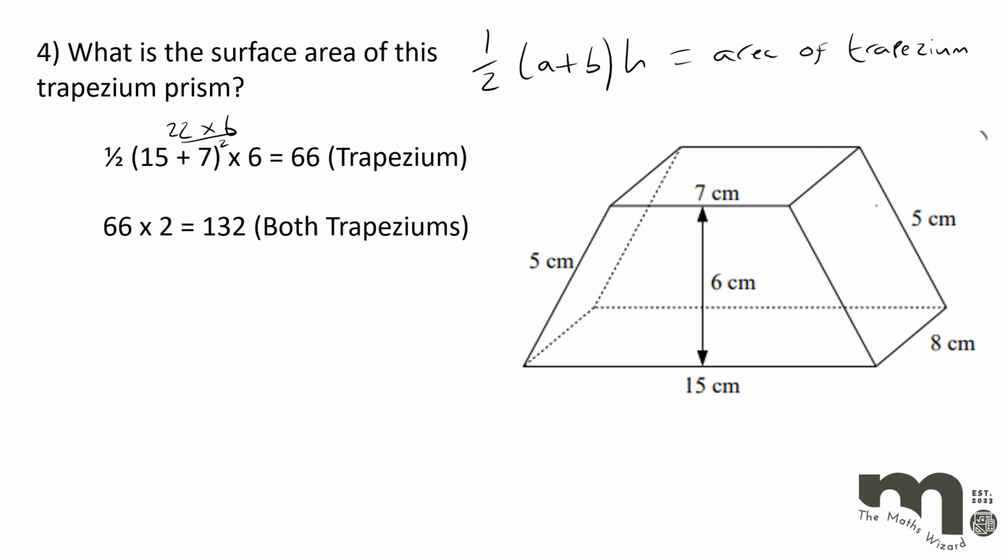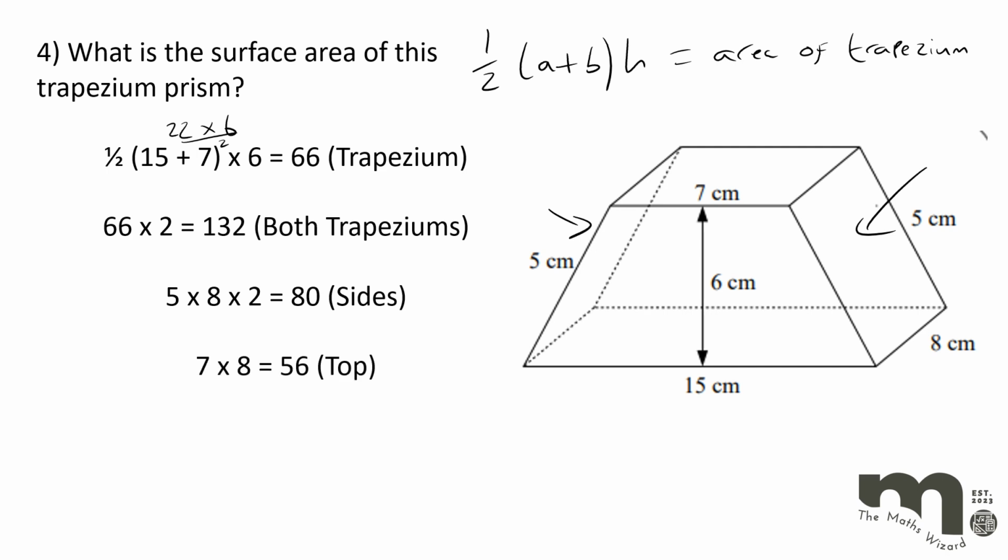Then we've got these two sides, which are both the same. So we've got this one here is the same as this one here. So I've done 5 times 8 for one of them. Then I've times that by 2 to get 80. Then I've done the top, which is 7 by 8, which is 56. So 7 times 8.